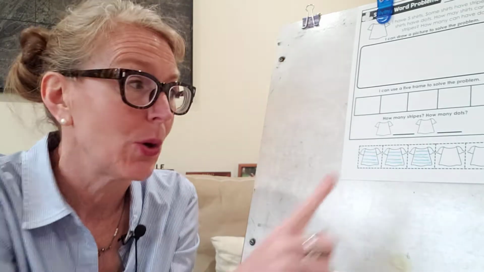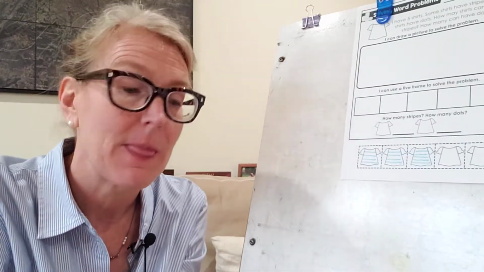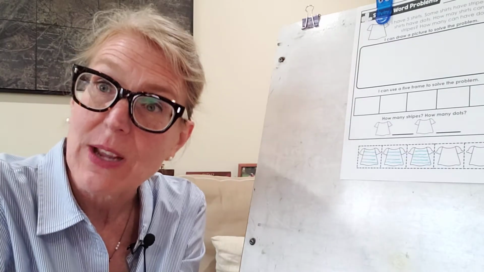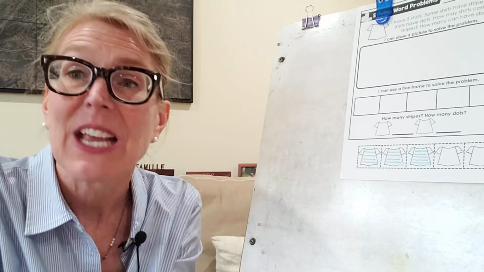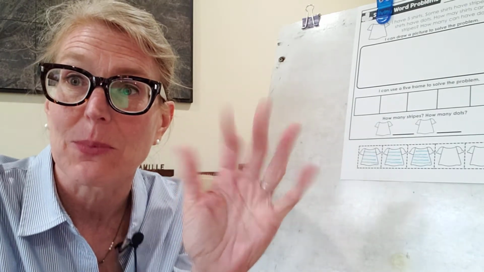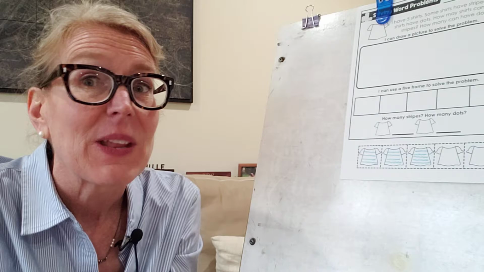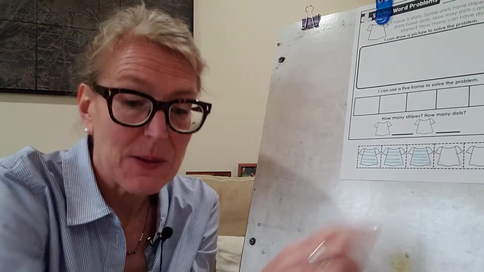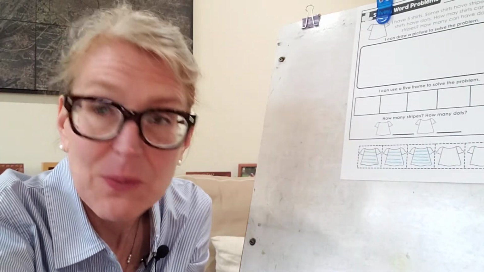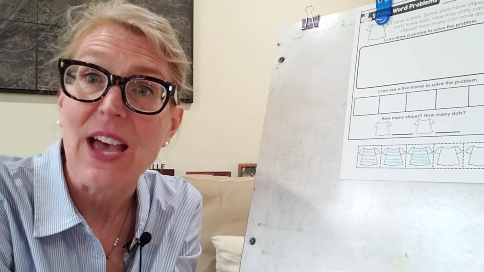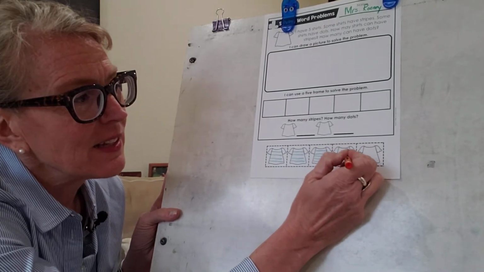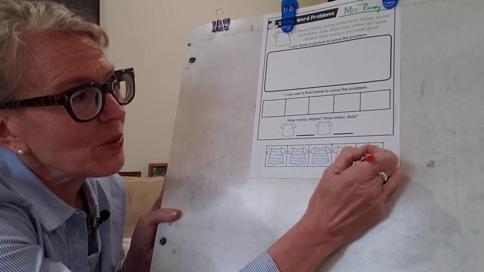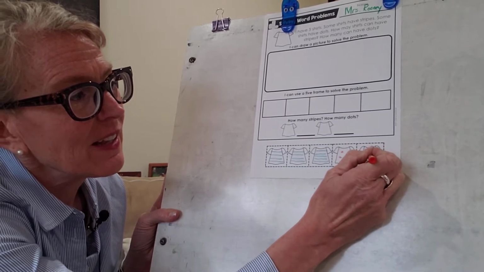You can do 1 shirt with stripes. You could do 2 shirts with stripes. You could do 3 shirts with stripes, or you could do 4 shirts with stripes. You cannot do 5 shirts with stripes, okay? Now, the next thing I'm going to do is make the rest of my t-shirts have dots. So I'm going to do this shirt with dots. I'm going to do this shirt with dots, okay?